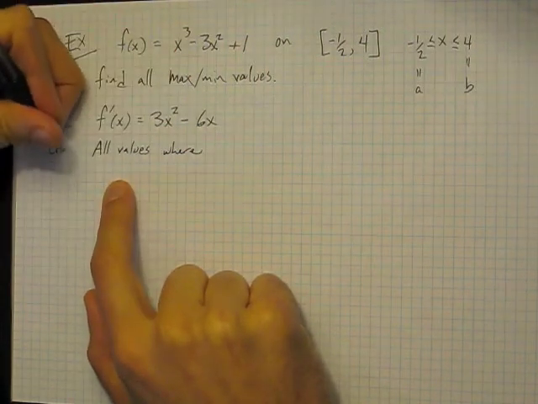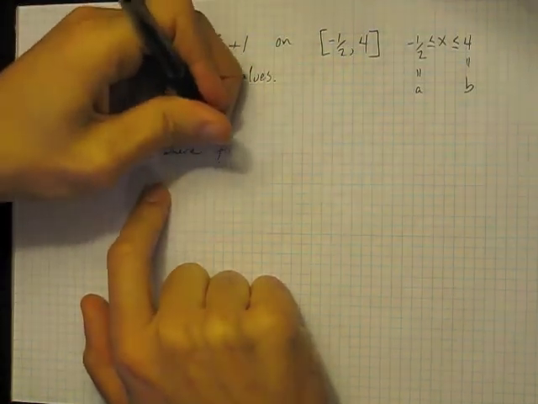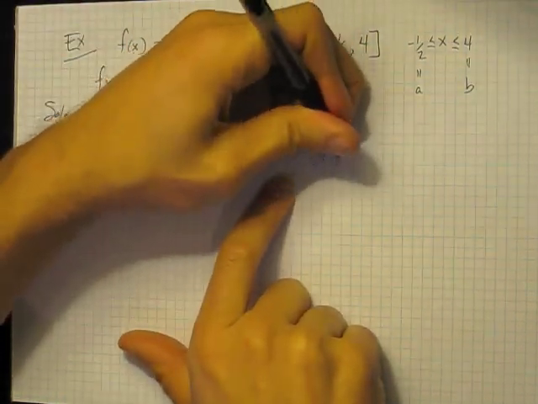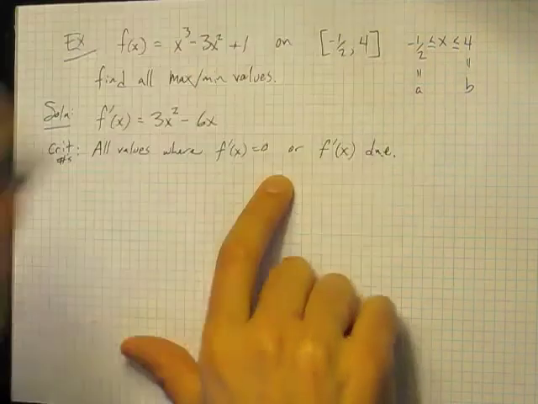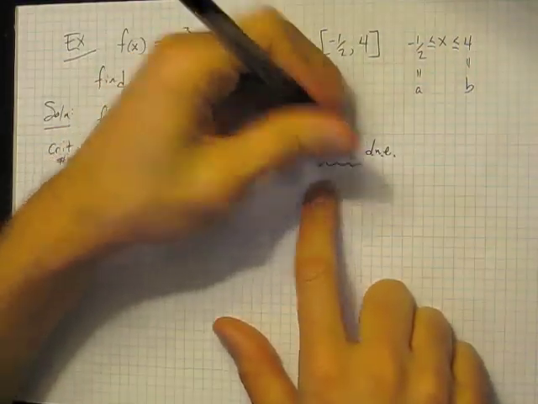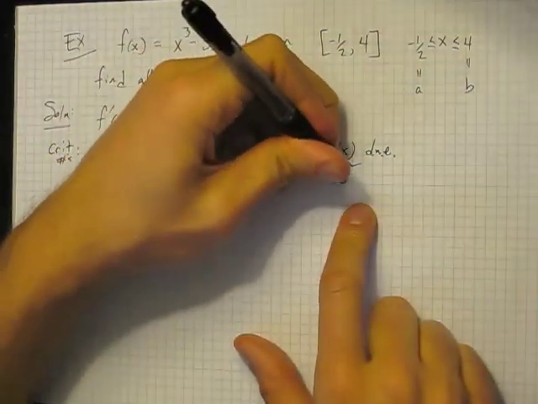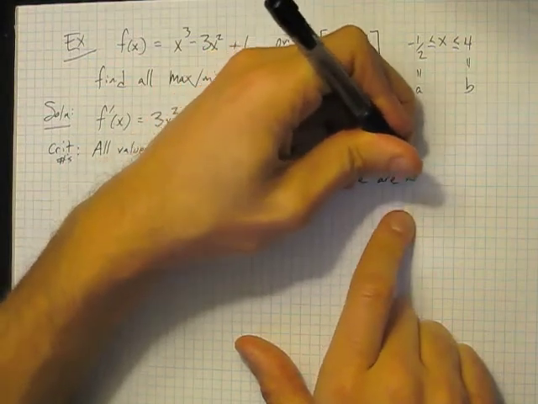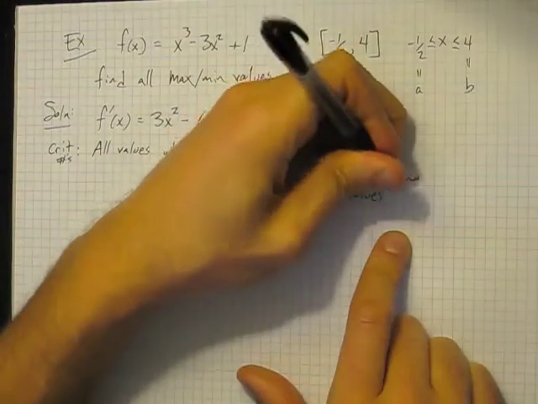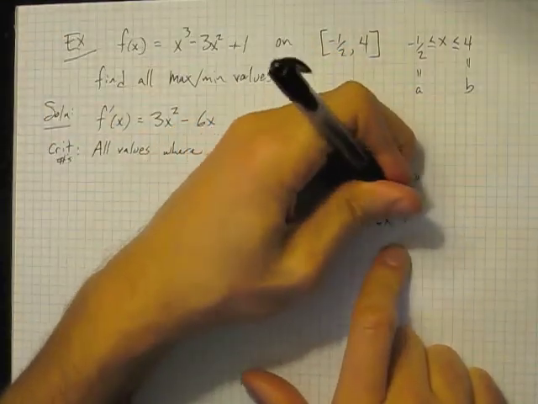So the critical numbers are all values where f prime of x equals 0, or f prime of x does not exist. So we look for where the derivative is equal to 0 or the derivative doesn't exist. Okay, this one right here does not exist. This is a polynomial. There are no such x values. And the reason is because 3x squared minus 6x is a polynomial.